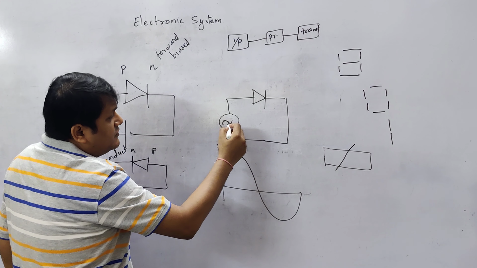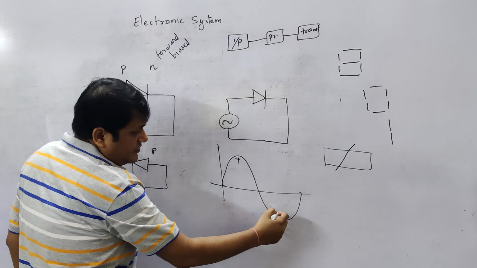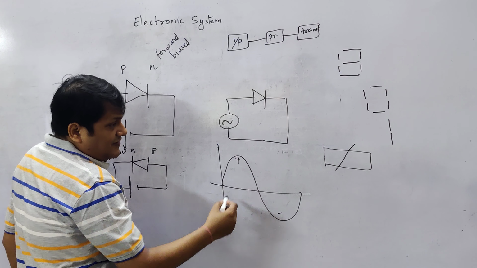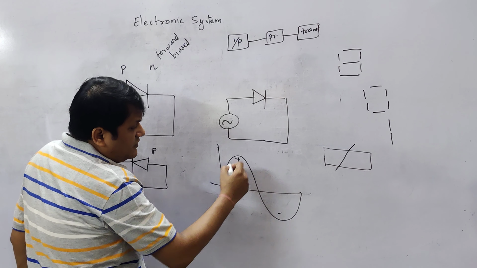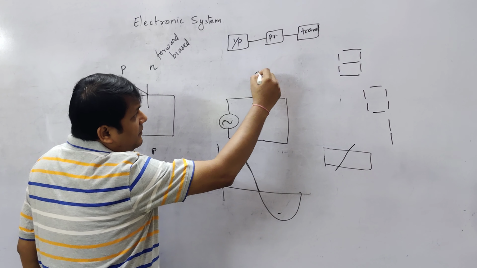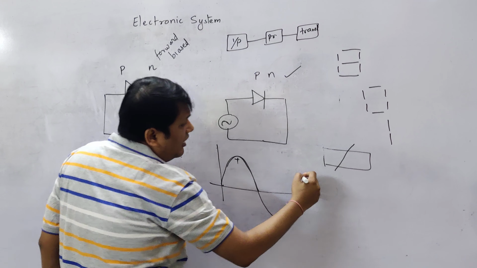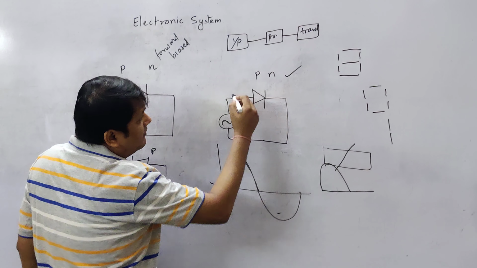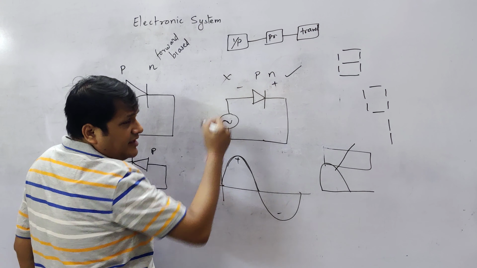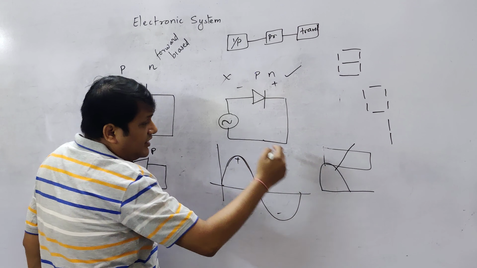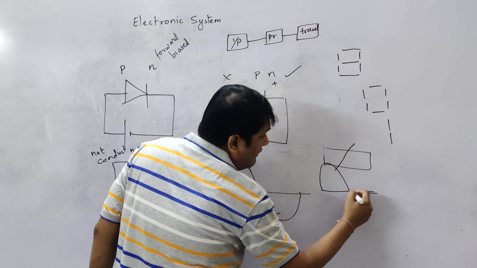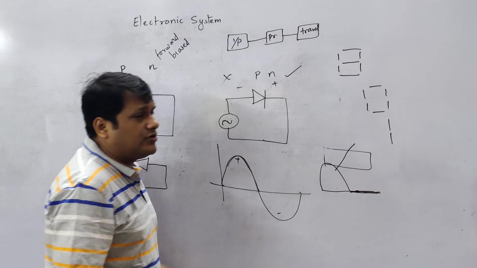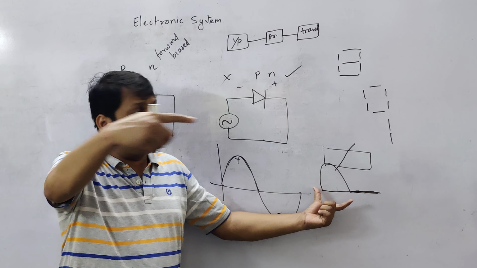So when this is positive, this is negative. Let's see the output. When this is positive, this will conduct, PN conduct. So you get an output here. But when this is negative, minus and plus, it will not conduct. When this is not conducting, your device will not show any output. So this kind of output you will see.